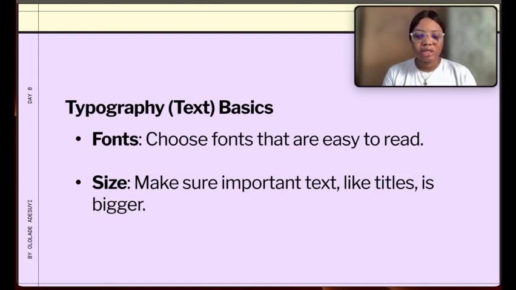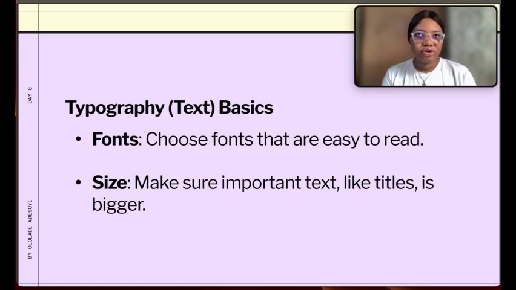Then another thing is to be consistent. When it comes to UI design, a lot of things can actually go wrong. But one thing you have to make sure you keep on lock is consistency. So if you're using a particular type of font, make sure you stick to that font throughout your app.